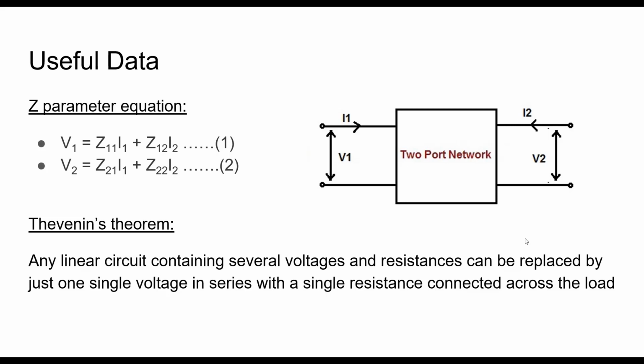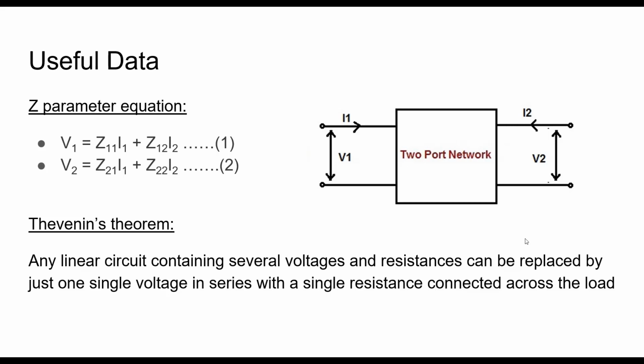Thevenin's theorem states that any linear circuit containing several voltages and resistances can be replaced by just one single voltage source in series with a single resistance connected across the load. This resistance is called the Thevenin equivalent resistance and the equivalent voltage source is called the Thevenin's voltage.